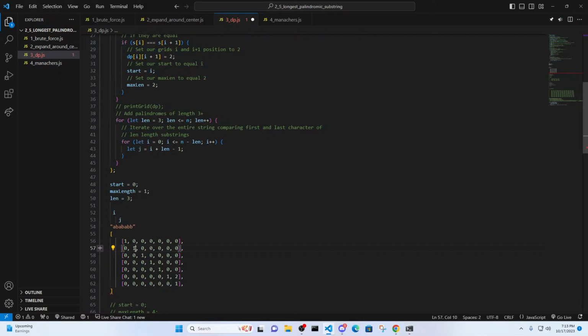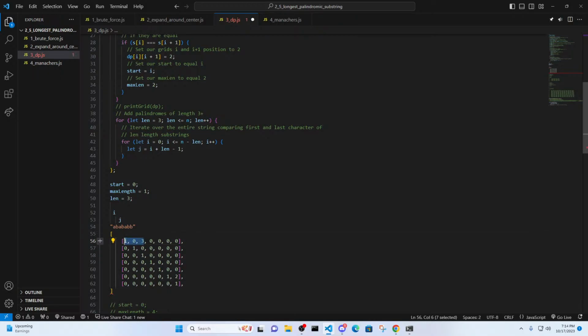And so what we do here is, since we know that ABA is a palindrome because the i plus 1, j minus 1 position of DP is truthy, then we store the length in dp[i][j]. So ij is 0, 2. So this is our 0, and then our 2. So we put 3 right there.